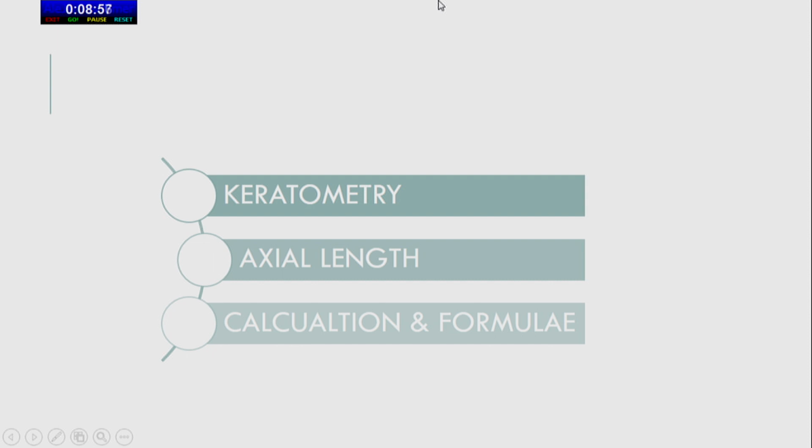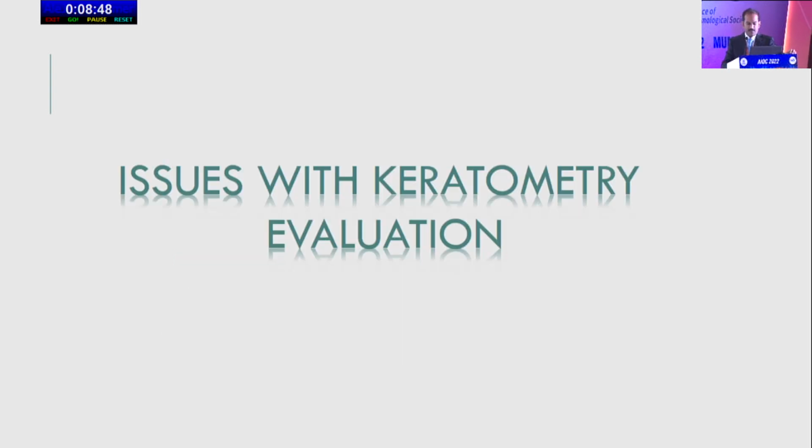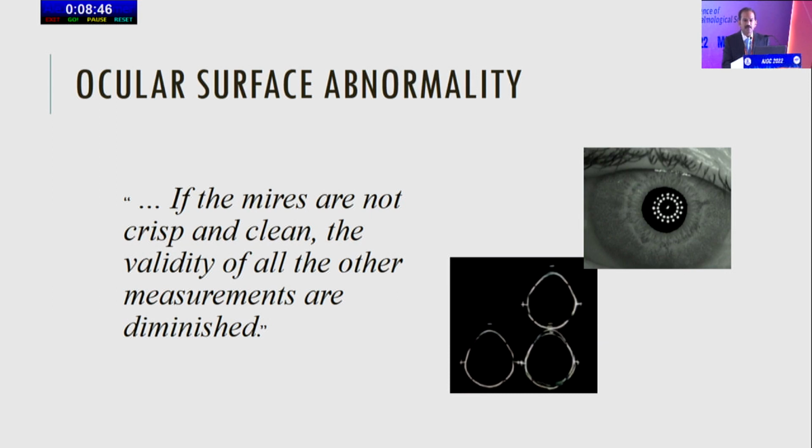Okay, whenever you have an issue with any of these pillars of your IOL power calculation, that makes your situation more special. We'll start with the keratometry. So to remember, if your mires are not crisp and clean, the validity of all your other measurements is going to be diminished, may it be a manual keratometer, automated keratometer, or an optical biometer. Let's see one example.